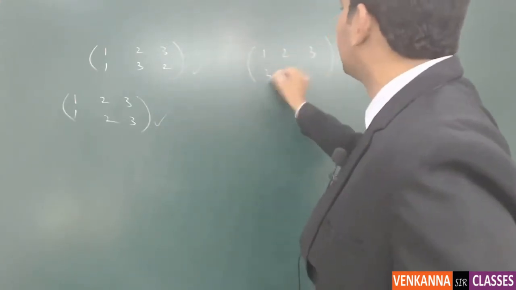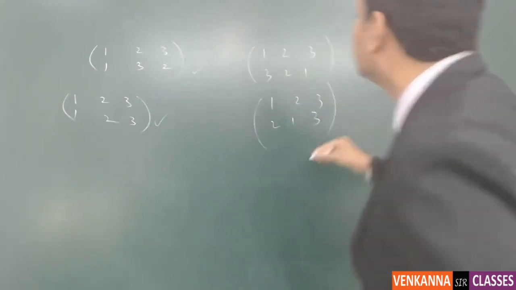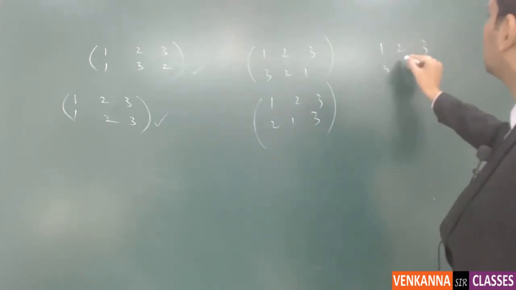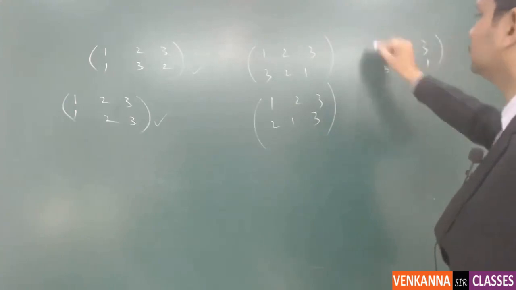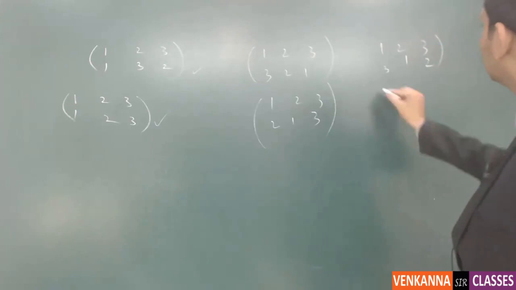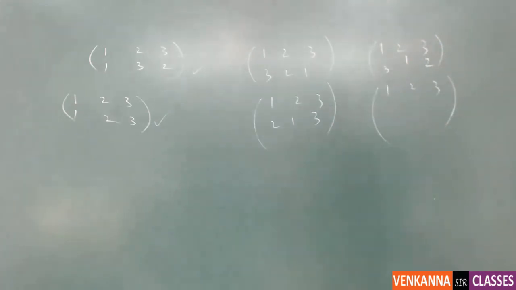You can write 3, 2, 1; 1, 2, 3; 2, 1, 3; 3, 1, 2; 1, 3, 2; and 2, 3, 1.